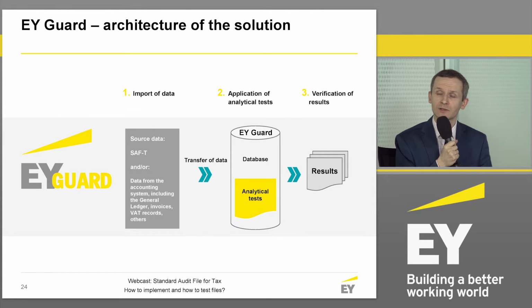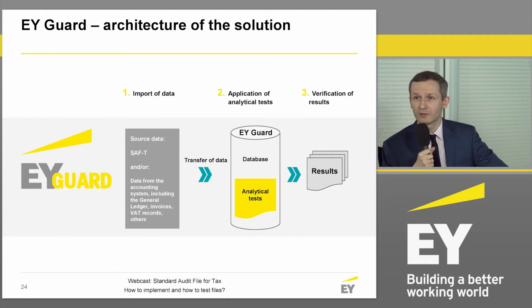Our approach is to use data analytics software to do the tests. For this purpose, we use our EY proprietary solution, which is called EY Guard, and this is a solution we have developed here locally in Poland, and it has been used for a few years by our forensic practice, mainly for testing accounting data, to identify potential irregularities, errors, and even accounting frauds.